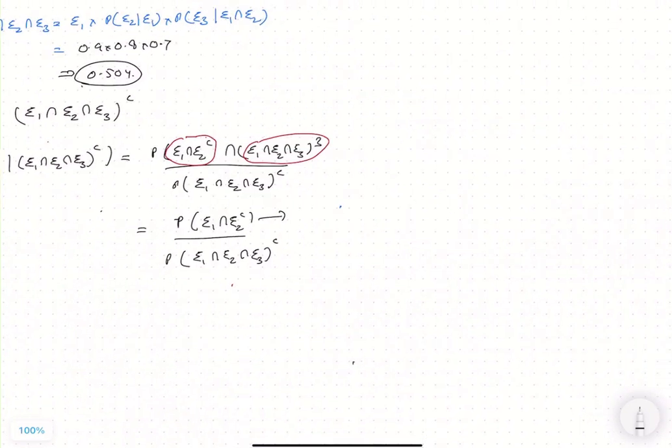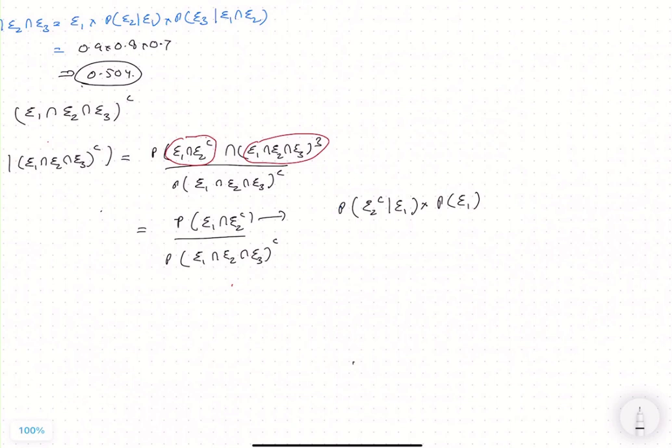This is going to be the probability of E2 complement knowing E1 times the probability of E1.